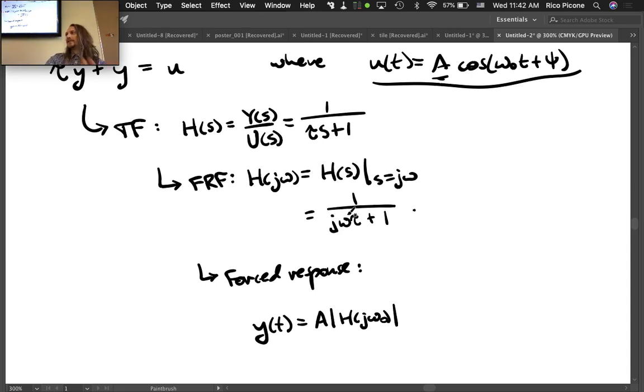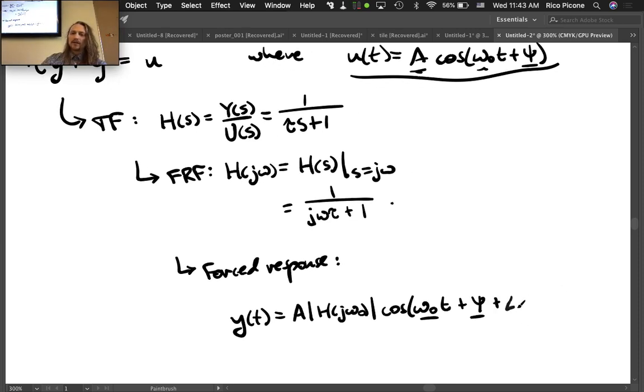This is just a complex number expression, so we could simplify it, rationalize it into a magnitude and phase. And then we have the sinusoid at that input frequency, omega naught. The original phase shift psi will come back again, and then we add the phase of the frequency response function, H of j omega naught.